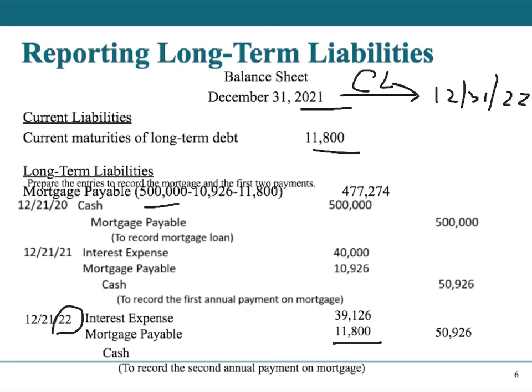Take what you borrowed. I'm going to subtract the first amount that we paid in 2021. It's this one. And then I am also going to subtract the amount of current liability that will be shown in the balance sheet. We already did that right here. So the remaining balance that will show up as long-term liability is $477,274.